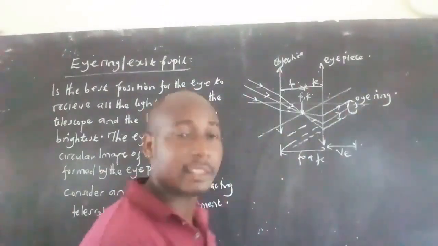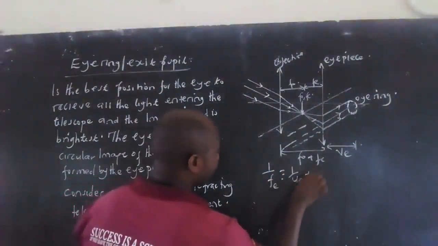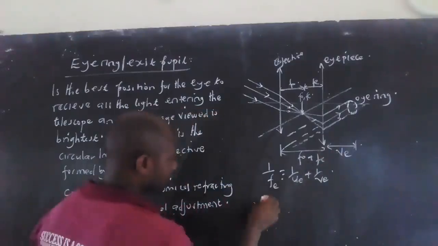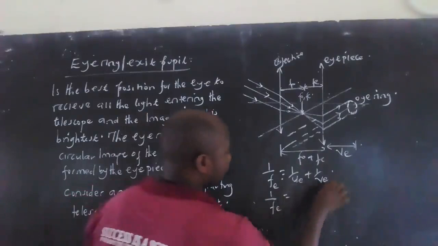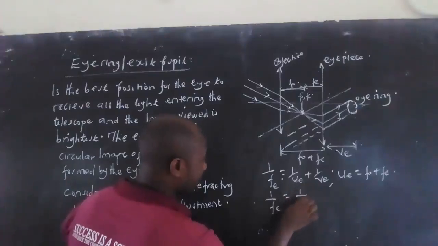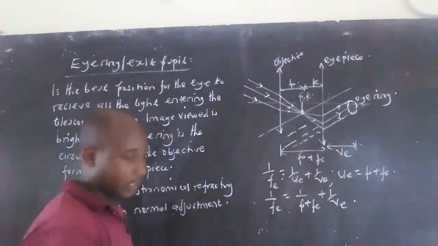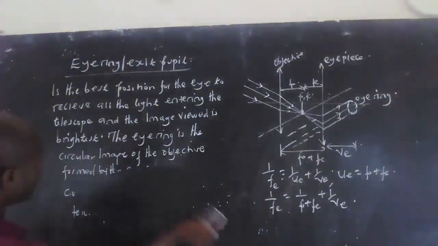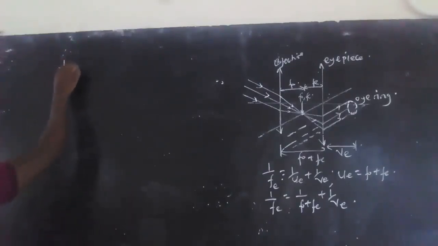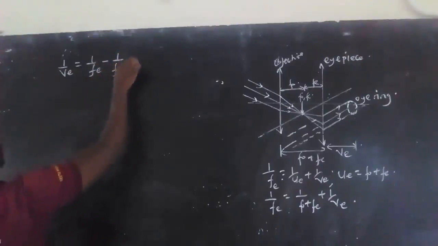image. Okay? So we shall say that using 1 over f equals 1 over u plus 1 over v. So 1 over fe will become, but ue will now become f naught plus fe. So it becomes 1 over f naught plus fe plus 1 over ve. So we are looking for the position of the eye ring. So that we shall now say 1 over ve will become 1 over fe minus 1 over f naught plus fe.